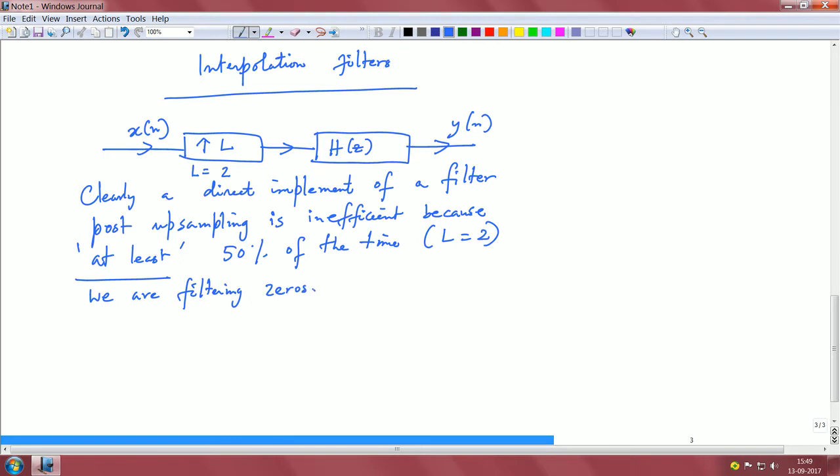The rest of the time you may have some zeros, but at least 50% of the time, since you have inserted zeros 50% of the time, so you are basically filtering the zeros through this filter.